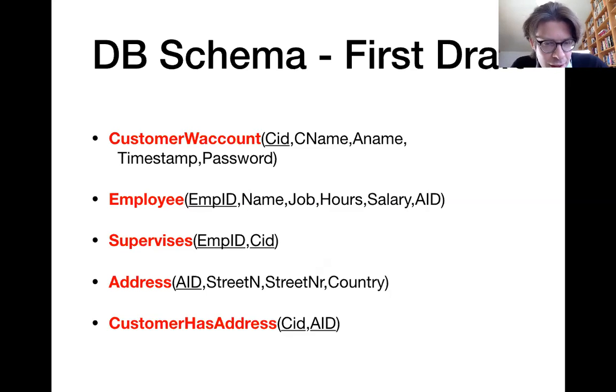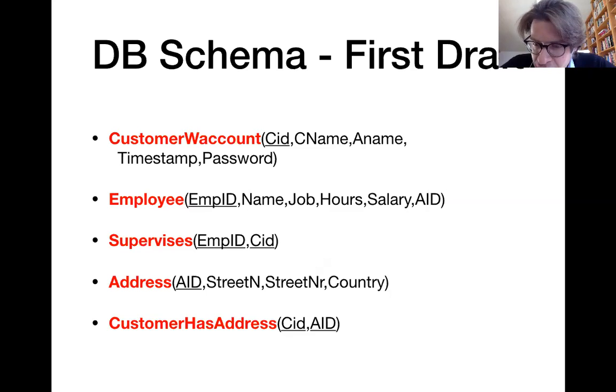The final relationship that we need to discuss is the one between customers and addresses. And here we are simply linking the customer ID to the address ID. So that is one possibility to represent that, but there would also be other ways. I just wanted to show some ways in which those constraints can be translated into corresponding relations.